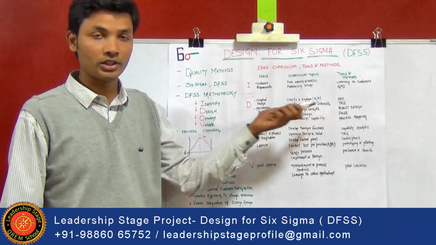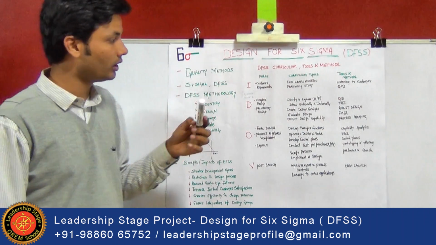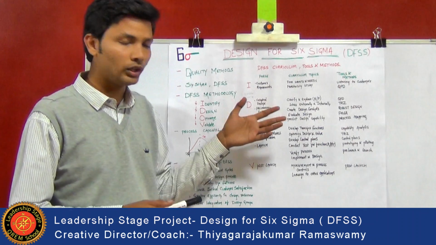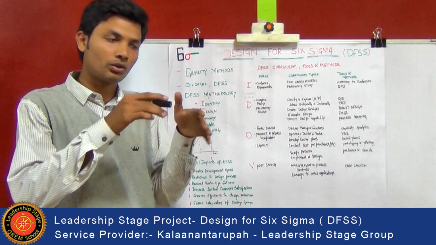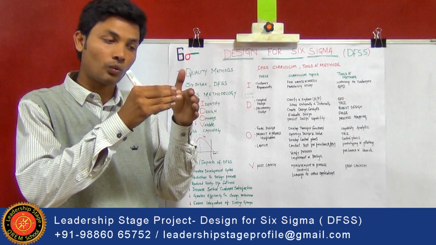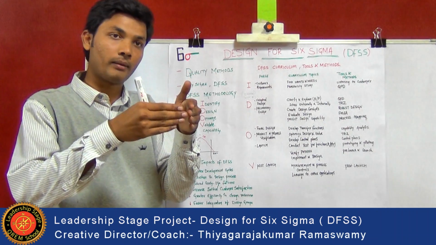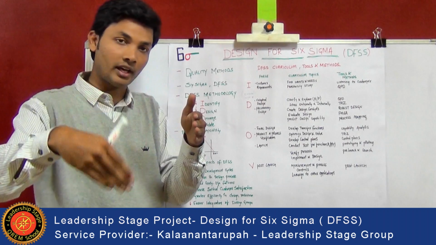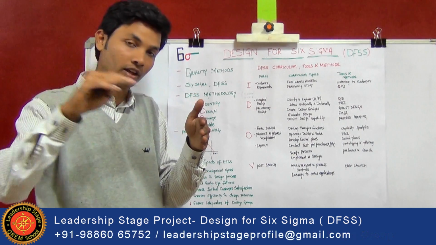And the robust design, which can be found out by using a graph between the load margin and the safety margin, and FMEA, which is nothing but failure mode and effect analysis. This is also an analysis where you list out all the functions in the product, then the possible failures in that function, and the causes of that failure, and then you list out its occurrence, severity, and detectability, and then you find the risk priority number for each and every cause of the failure.